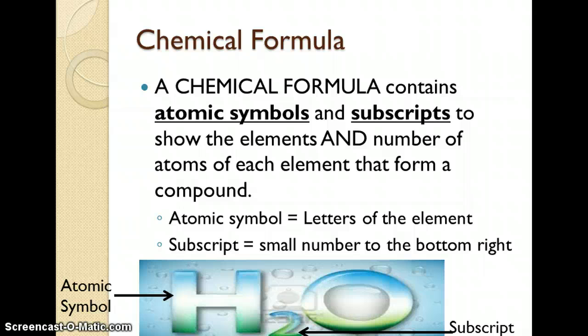The atomic symbol is the letters, the symbol of the element, and a subscript is the little number to the bottom right of the element symbol. Those tell you how many atoms of hydrogen are in this chemical formula. So this is the chemical formula for water, H2O, which means it has two H atoms and one O atom.